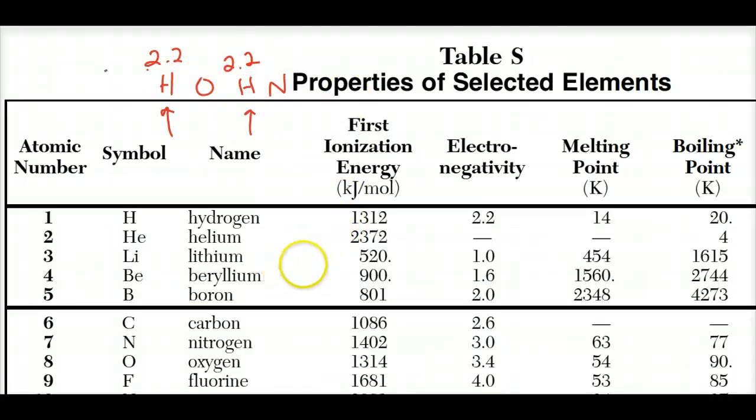Okay, now oxygen has an electronegativity of 3.4. Okay, so this one is 3.4. Nitrogen, okay, is 3.0.